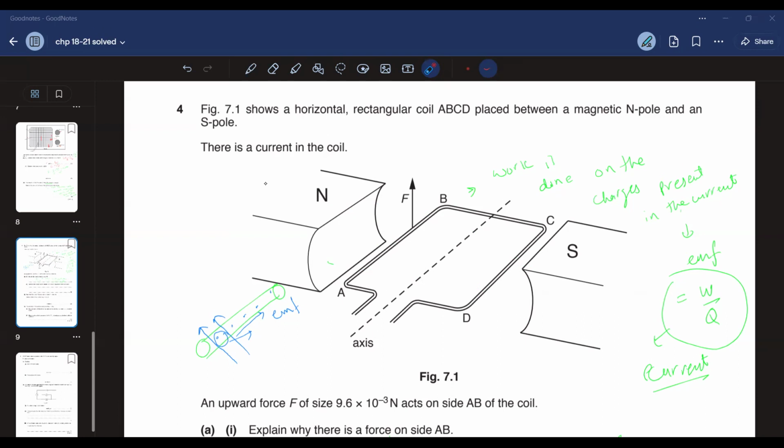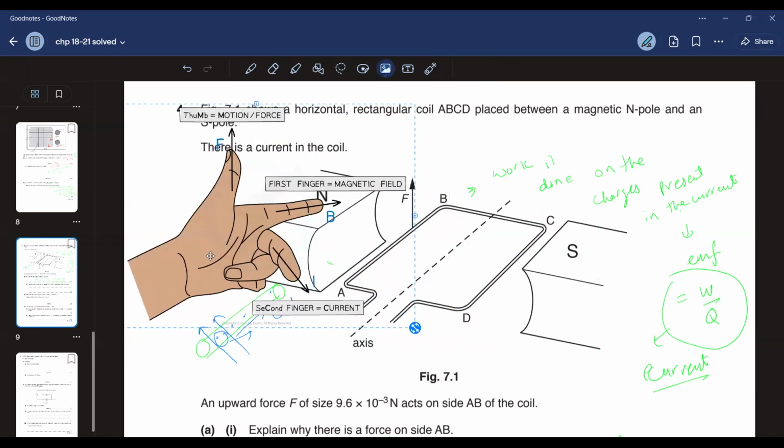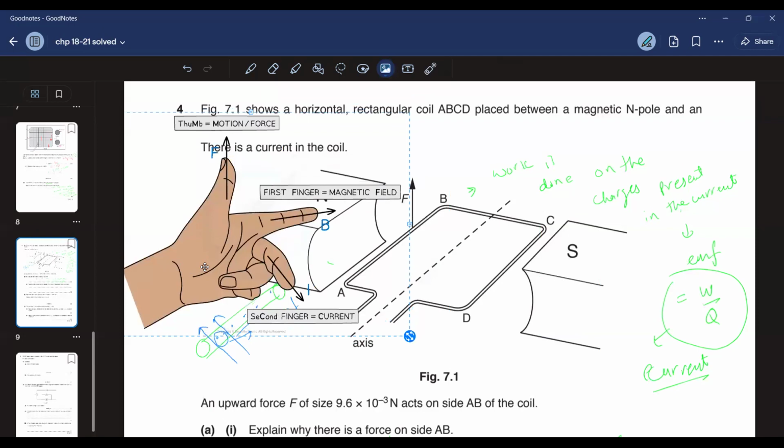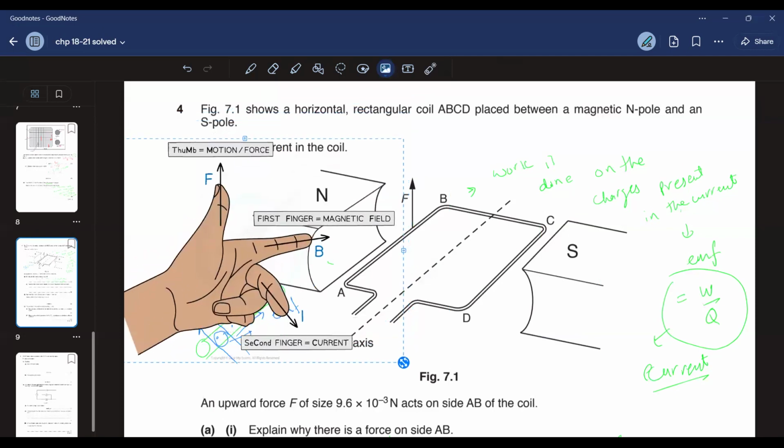Let me go back. Oh wow, did you draw this? Obviously not. कॉपी मारा है गूगल से.